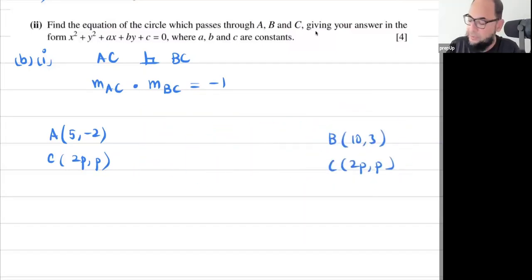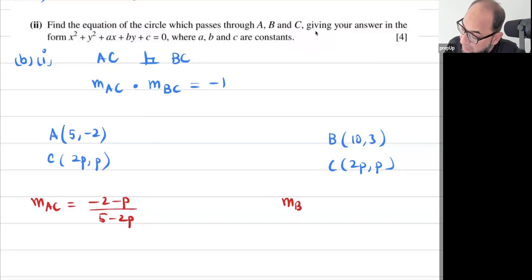Let me just double check. It's all good, all clear. So now let me start the working. Gradient of AC, that is (minus 2 minus p) over (5 minus 2p). Gradient of BC, that is (3 minus p) over (10 minus 2p).